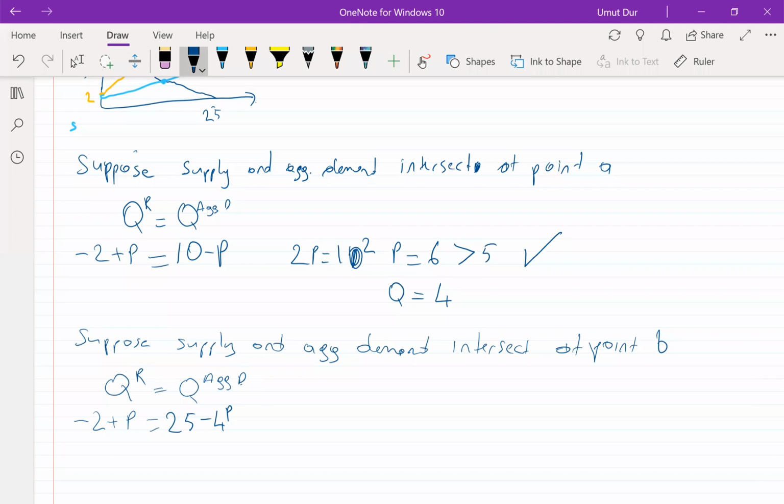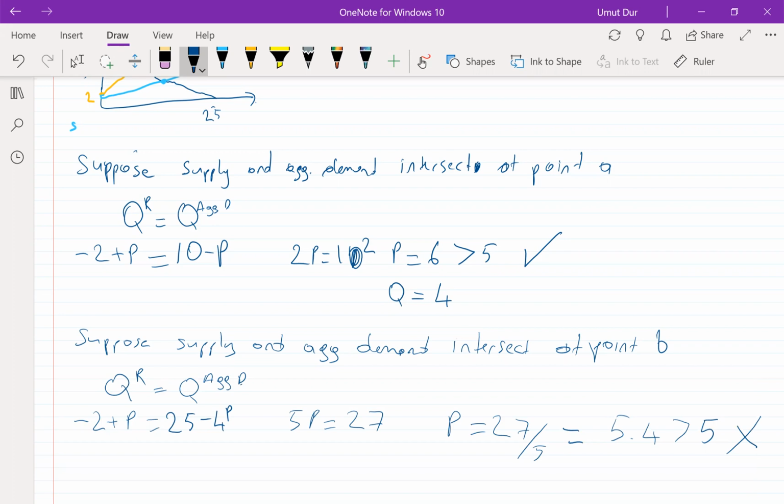So if I do the math here, 5P is equal to 27 and P is equal to 27 over 5, which is 5.4, and which is greater than 5.